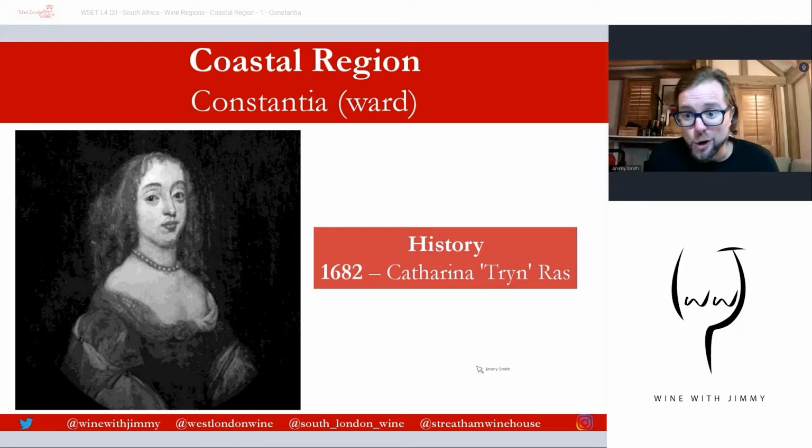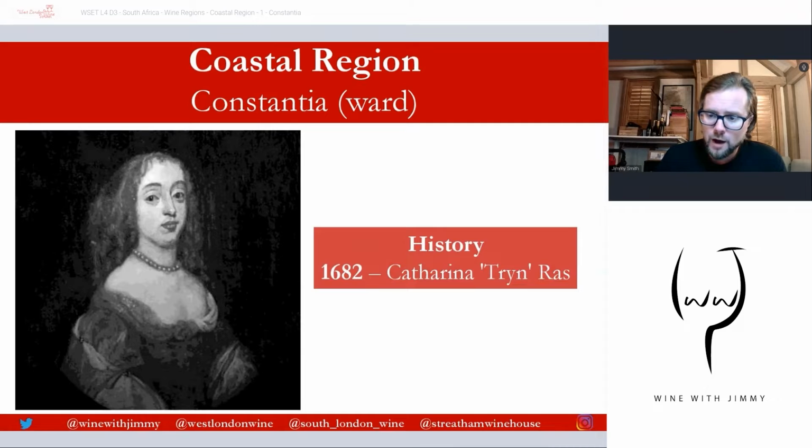Now we're going to talk about Constantia as our first important ward within the Cape Town district. First of all, we have someone called Katharina Trinras, who you'll see up here, who had been farming in what we now today call the Constantia area for some time. And the farmstead's gable actually is listed as 1682.